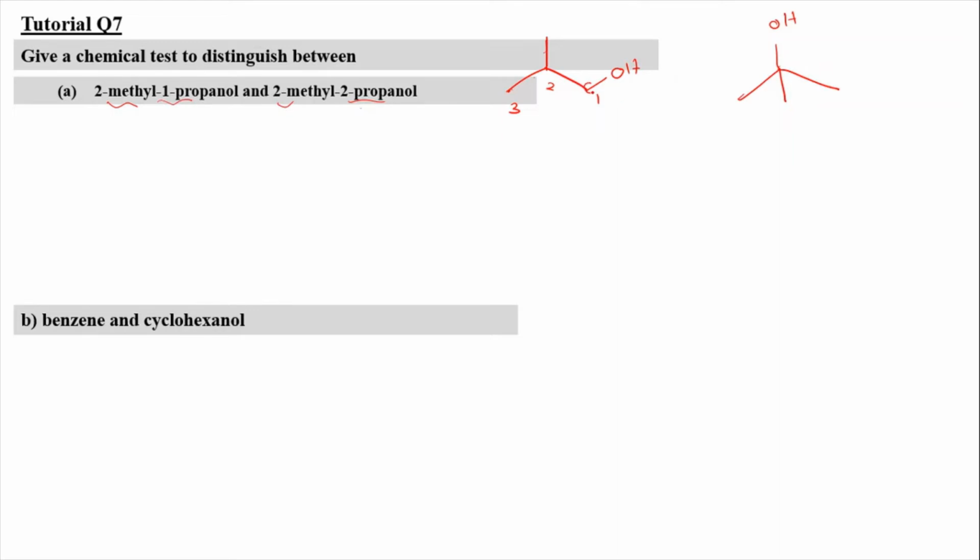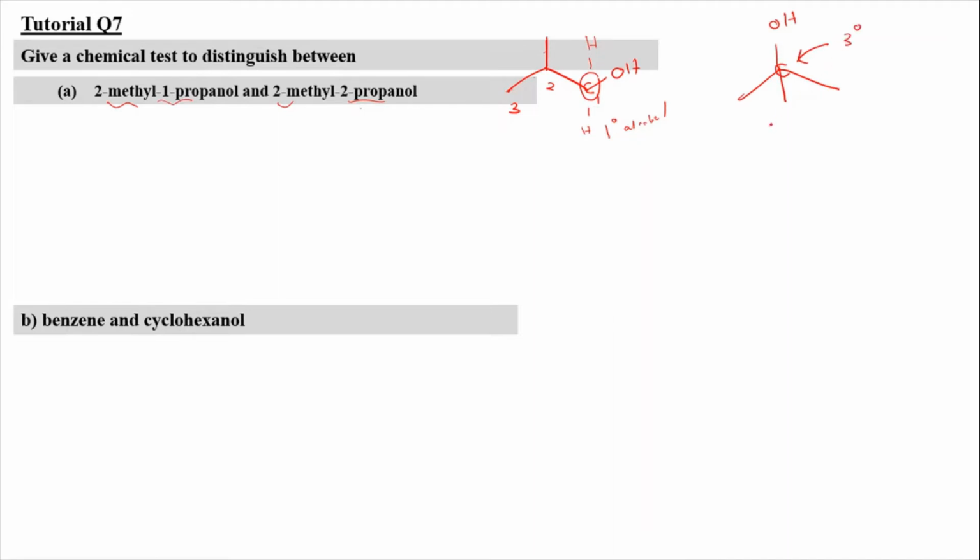For this alcohol, the carbon attached to the OH group is attached to one alkyl group, so it's a primary alcohol, because this one is H and this one is H. But for this one, the carbon here is a tertiary alcohol.